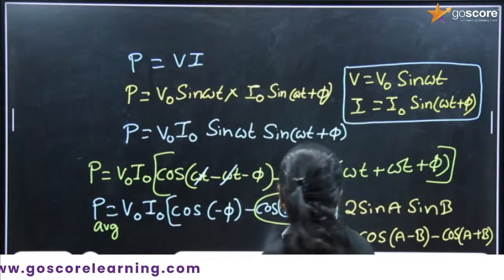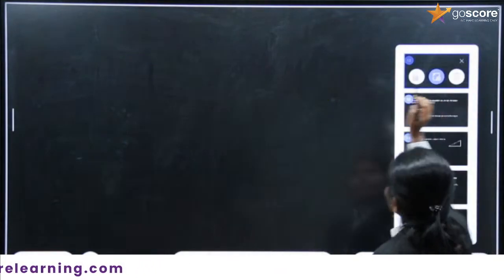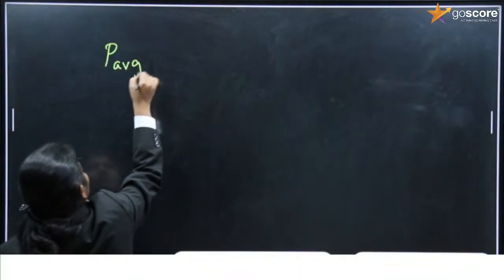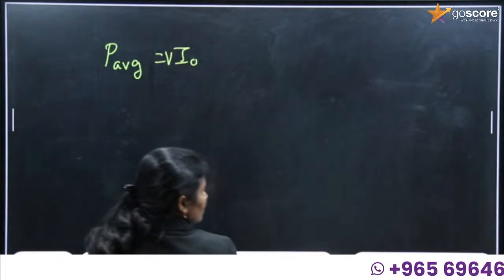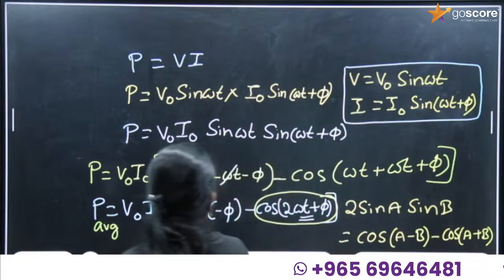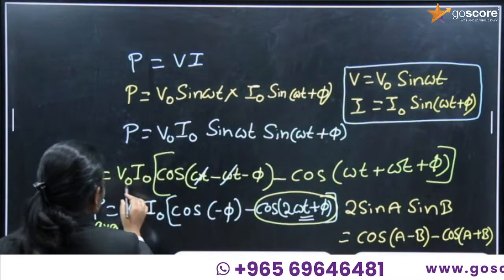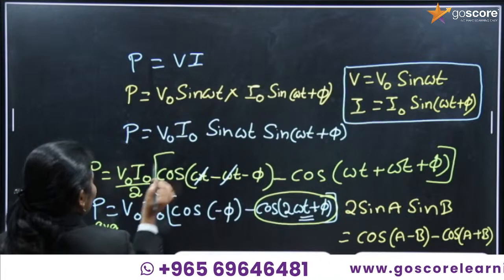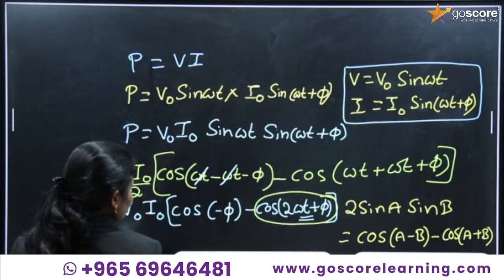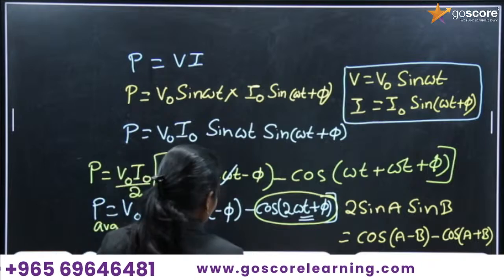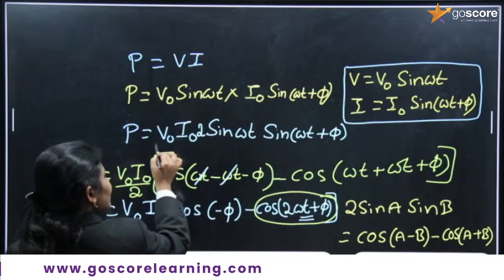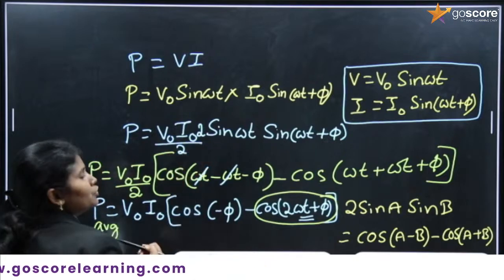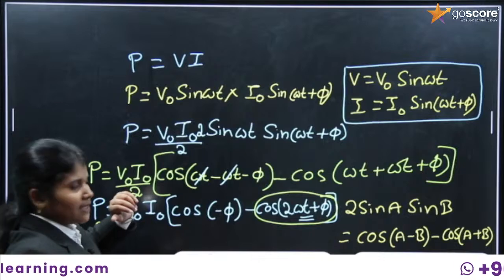Then P average is equal to, what is the final formula now? P average is equal to V naught. Sorry, we forgot to take the 1 by 2 here. Here 2 is not there, so we take 2 into 2, and 2 will be cancelled. We will get the same equation.